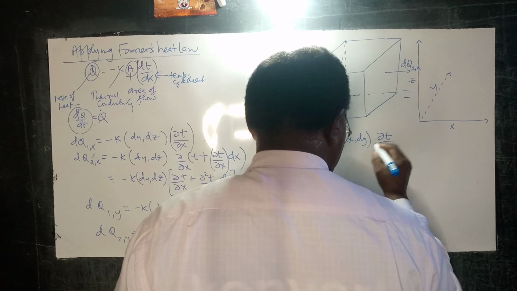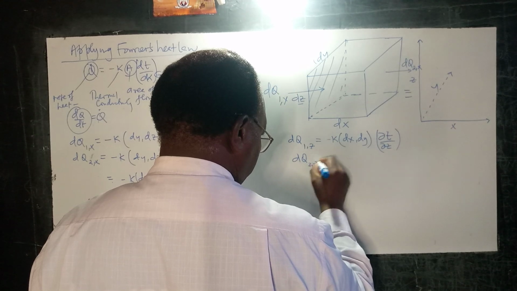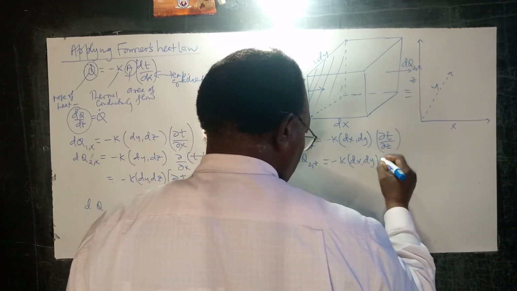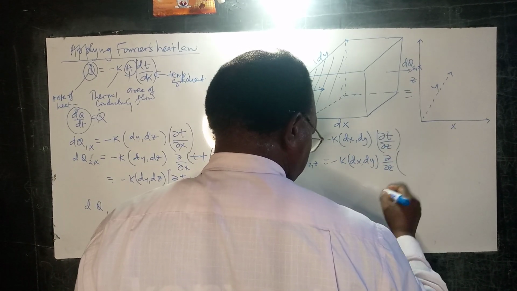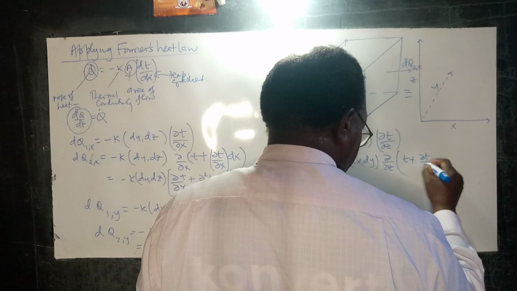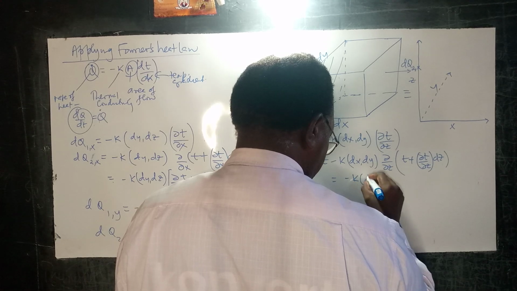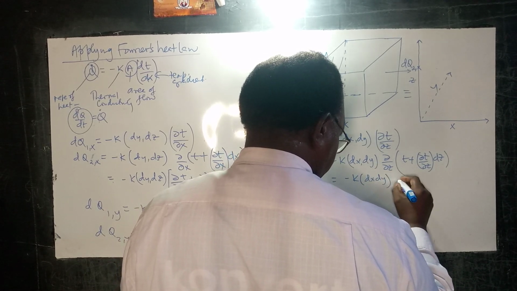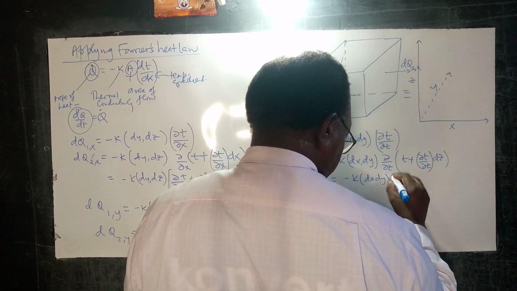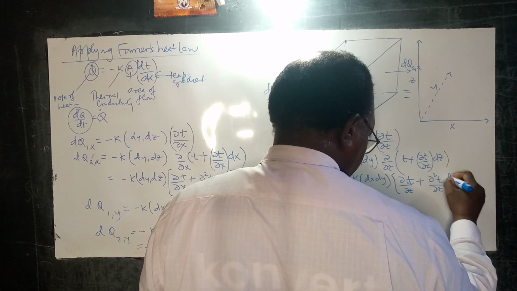del t del z, and then dq2z will be minus k dx dy into t plus del t del z dz, which will be minus k dx dy, del t del z plus del squared t del z squared dz.